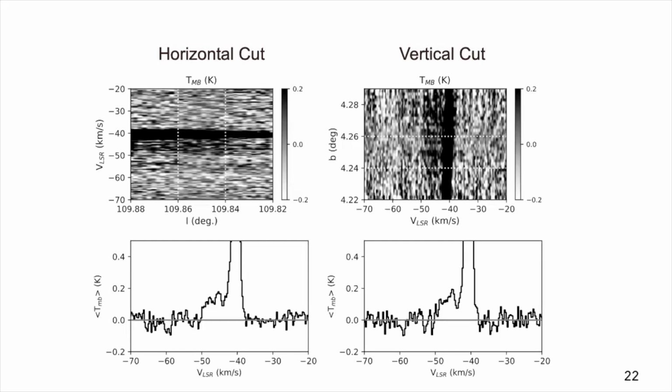I could do a little bit more averaging to actually show you the spectra, so you can believe me that between minus 50 and minus 43 kilometers per second, there's a blue shifted wing of C+ emission. That's clearly offset from the strong PDR, which is at about -40, -41 kilometers per second. All right. So that's what I'm going to focus on for the rest of the talk.